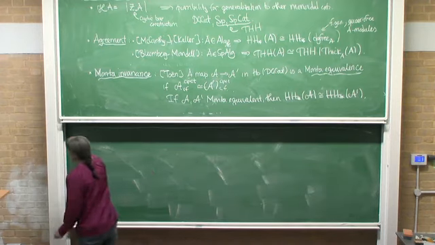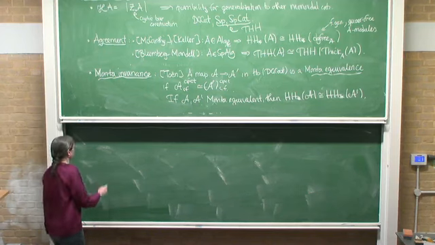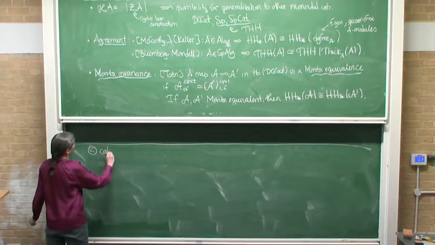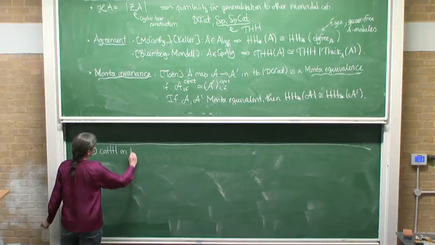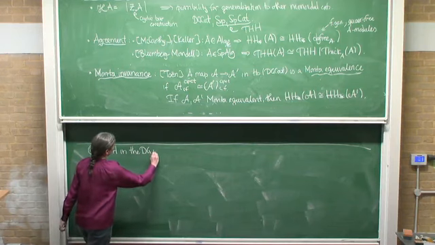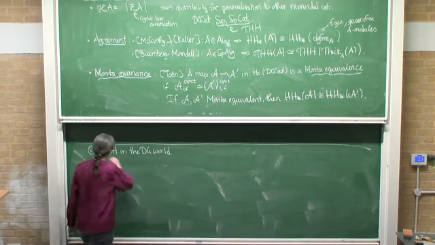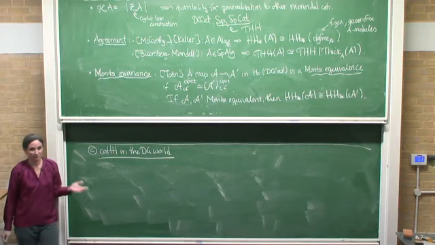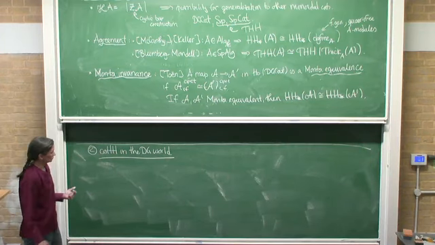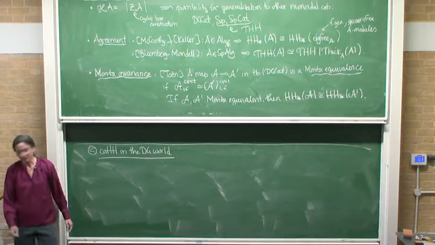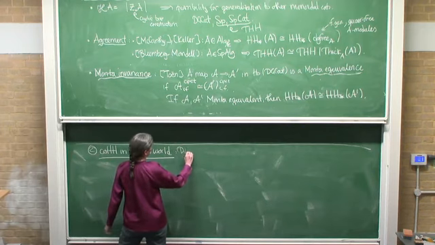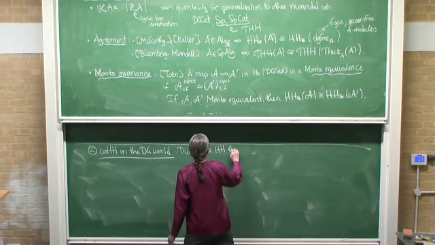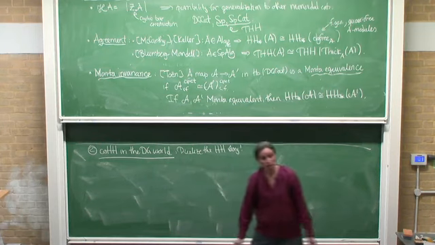So, let's start by talking about coHochschild homology in the DG world. This is where life is relatively easy, where things are relatively straightforward to define. It gets more complicated when you want to do things in spectra. So what we're going to do is dualize the story that I told for Hochschild homology.